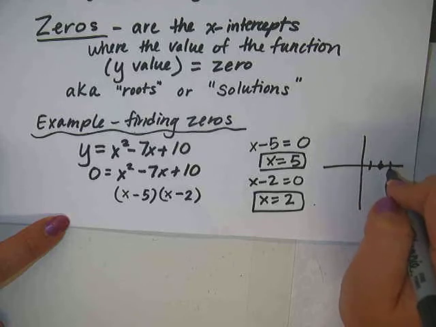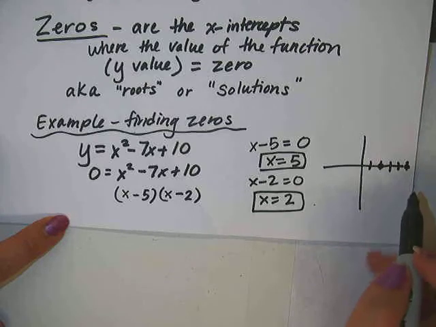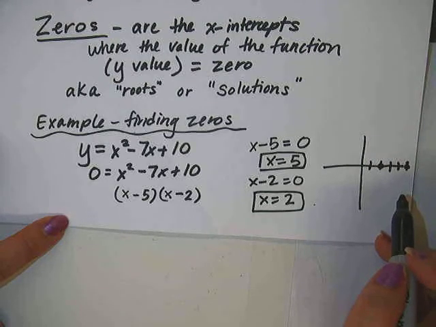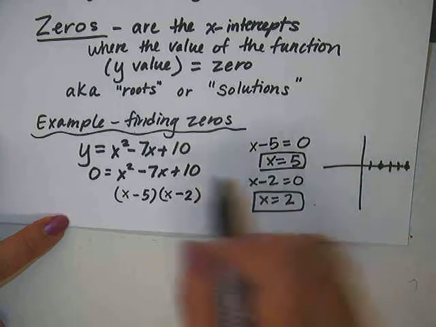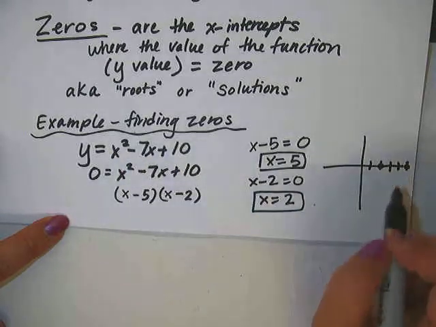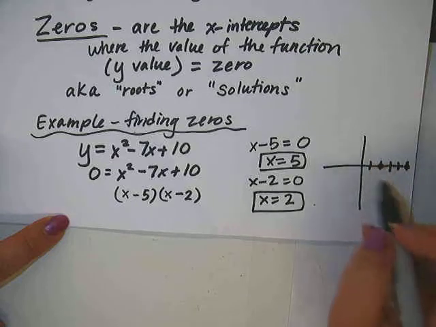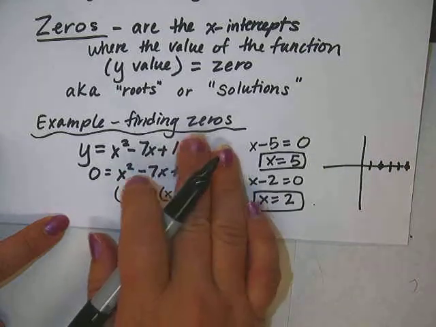So that means graphically, which we're going to need to understand more about as we go along, the x-intercepts are at 2 and at 5.